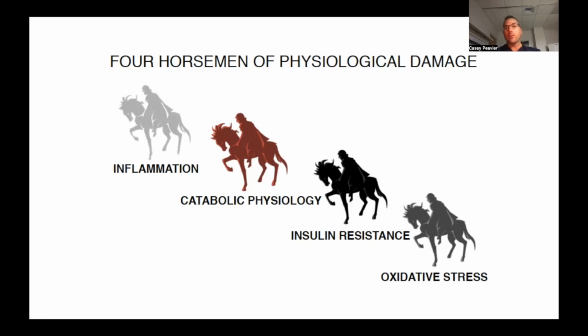For catabolic physiology, we can look at a Dutch test or a 4-point cortisol test, looking for dysregulation of the cortisol system. We can also look at other hormones affected by catabolic physiology, such as sex steroid imbalances and thyroid dysfunction. For insulin resistance, we can look at fasting insulin, in addition to A1C or fasting blood glucose.